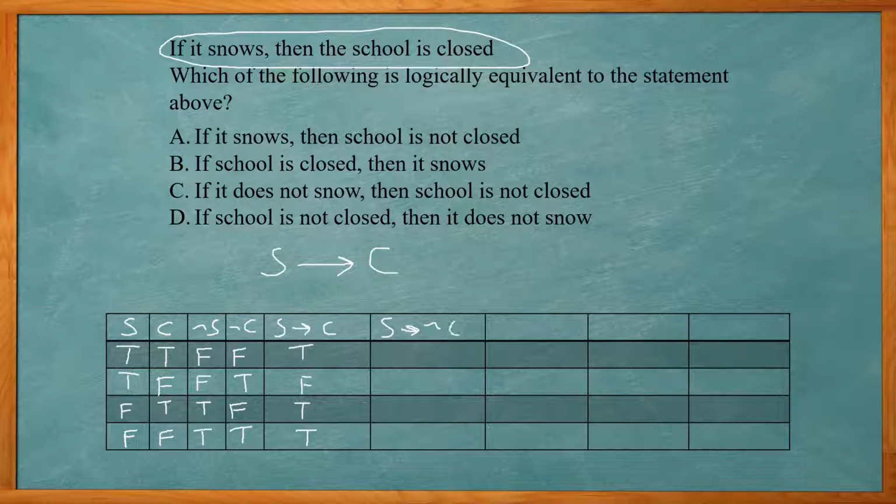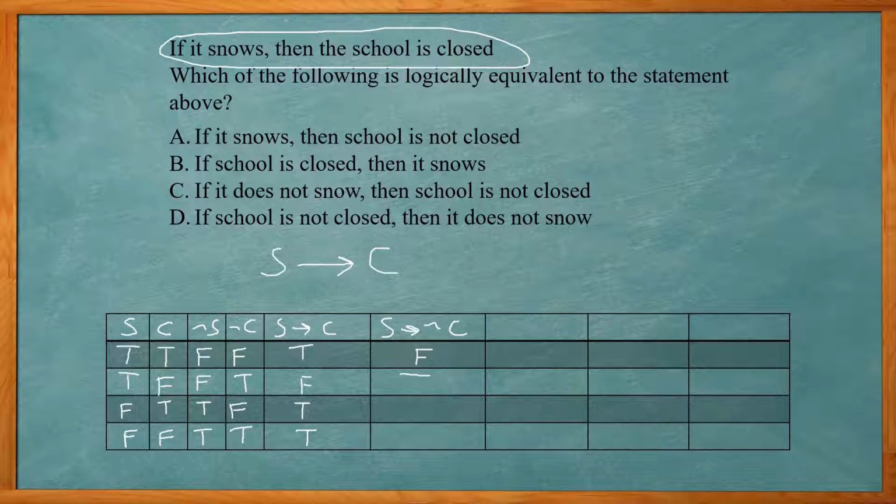So if we look at A, it says if it snows, so S, then the school is not closed, so not C. So then I'm going to look at the S column and the not C column. So does true imply false? That is false. Does true imply true?